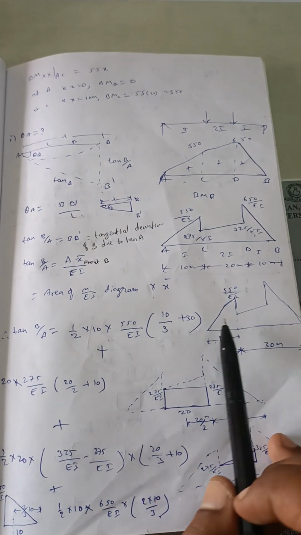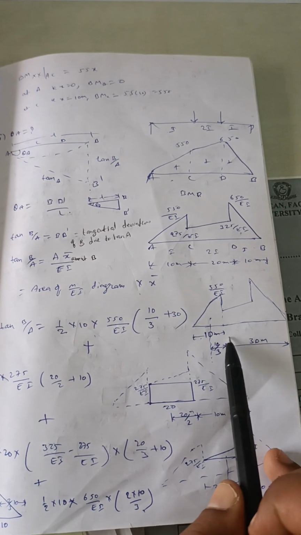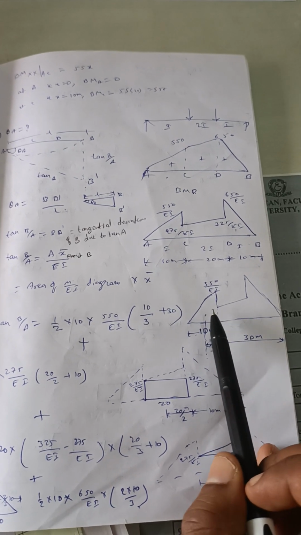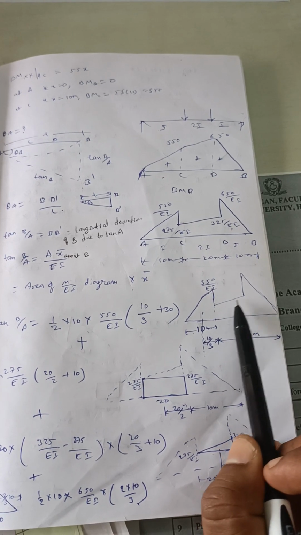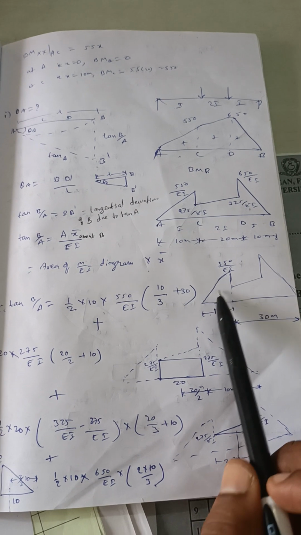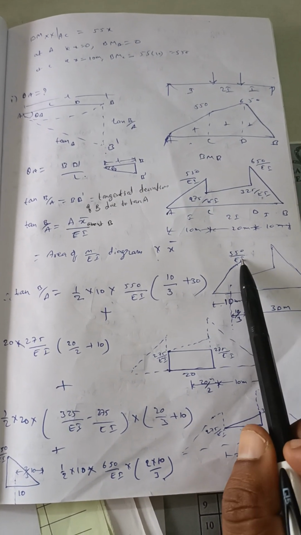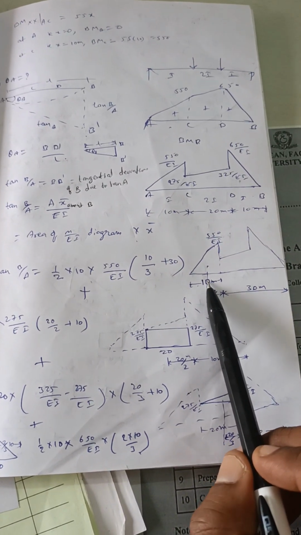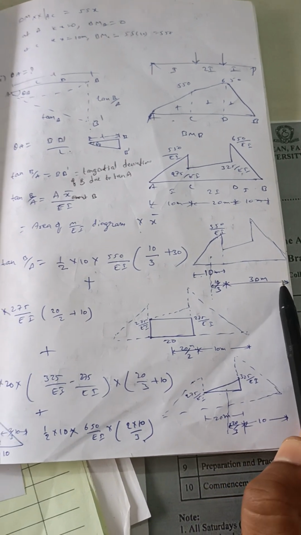Now for tan B by A, I am calculating the area first, and from B I need to calculate X bar. I have divided it into four parts: first part triangle, second part rectangle, third part triangle, and fourth part triangle. First, this area: half into 10 into 550 by EI, into the X bar, which is 10 by 3 plus 30.